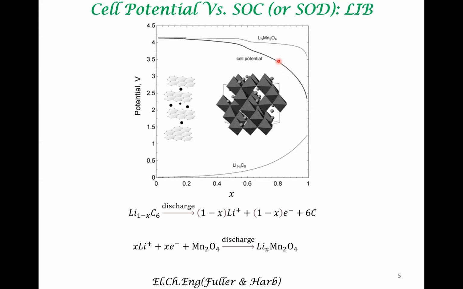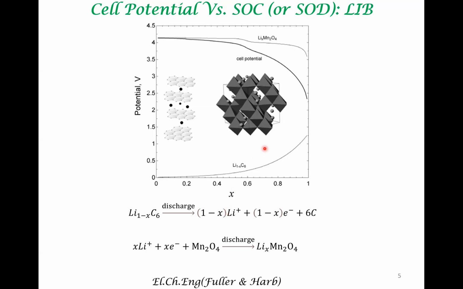So the overall cell potential decreases because the exothermicity of the overall reaction also decreases as the cell is getting discharged. So think through this. This is an important aspect of lithium-ion battery chemistry and battery thermodynamics.